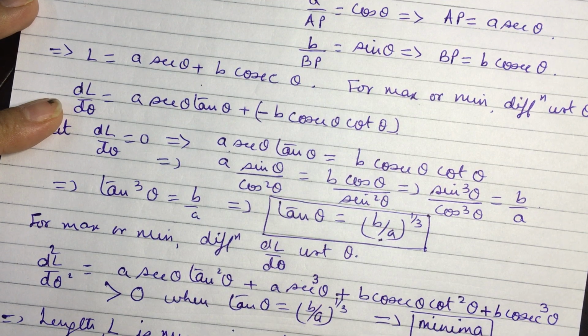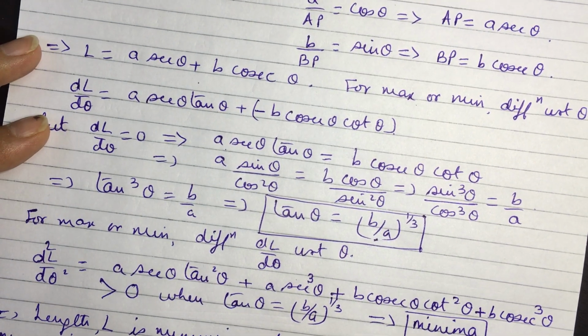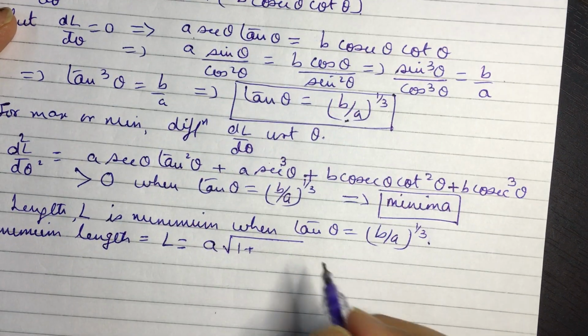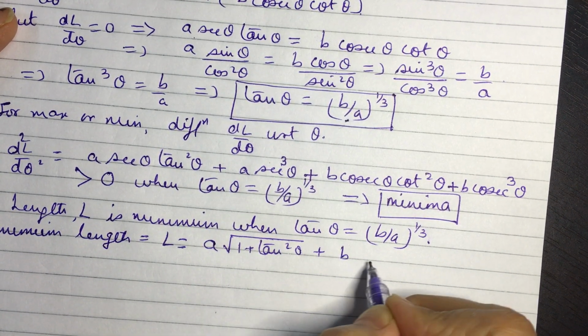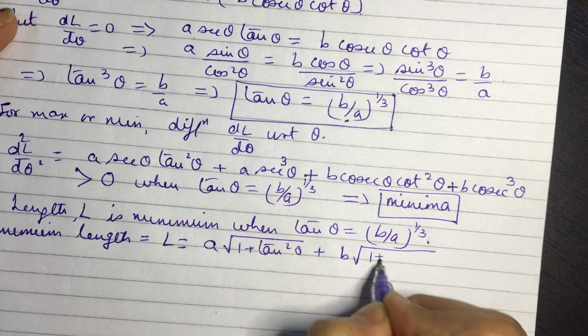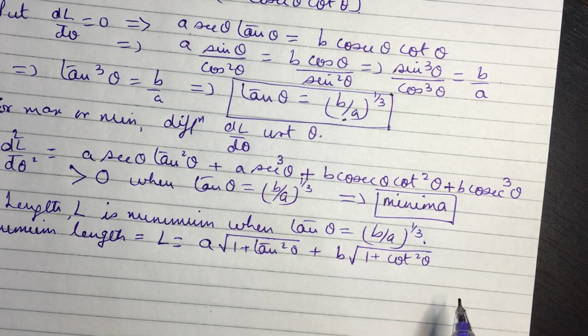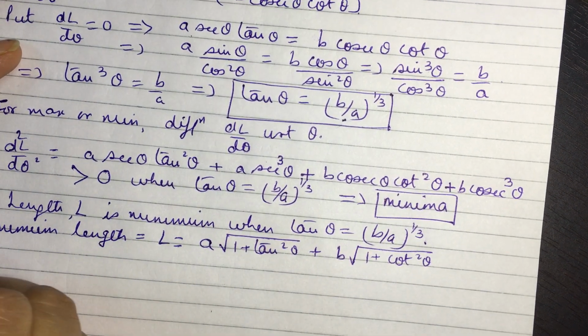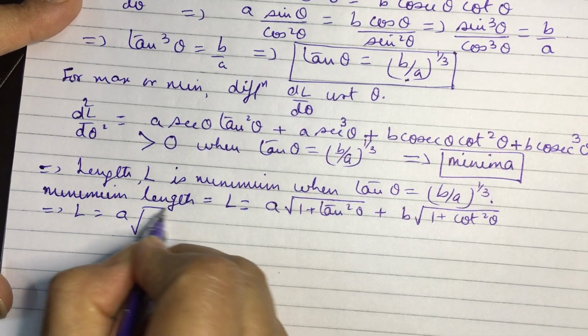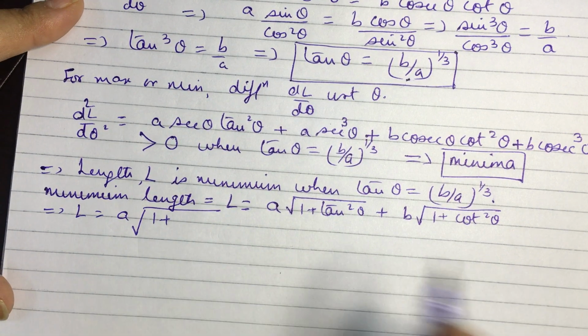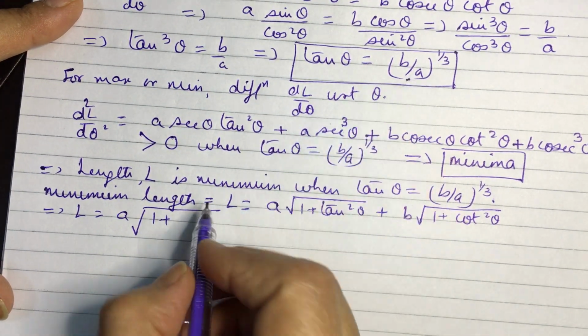So, A sec theta is A under root of 1 plus tan square theta, plus B cosec theta is B under root of 1 plus cot square theta. Now, let us simplify it. We get L is equal to A under root of 1 plus, but tan theta is (b by a) whole raised power 1 by 3.